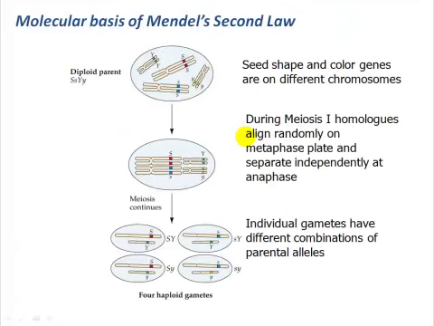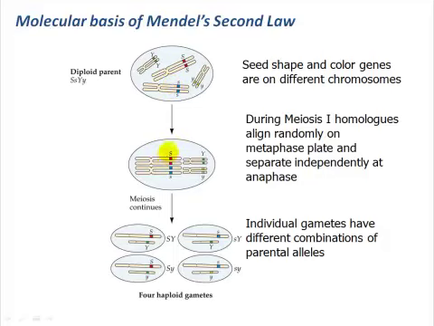All right, what about his second law? Well, Mendel's second law of inheritance is describing the behavior of homologous chromosomes and chromosome pairs with respect to other homologous chromosome pairs during meiosis and the way that they align during metaphase of meiosis 1. So remember that we said that these pairs of homologs or tetrads align in 2 possible orientations.